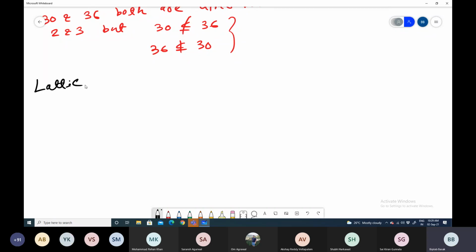So now we have a new definition called lattice. So what is a lattice?